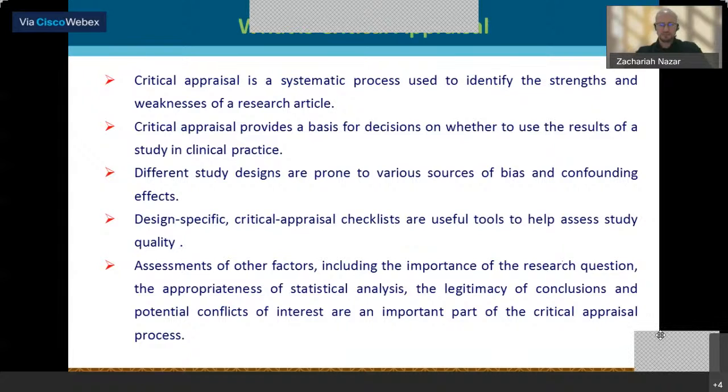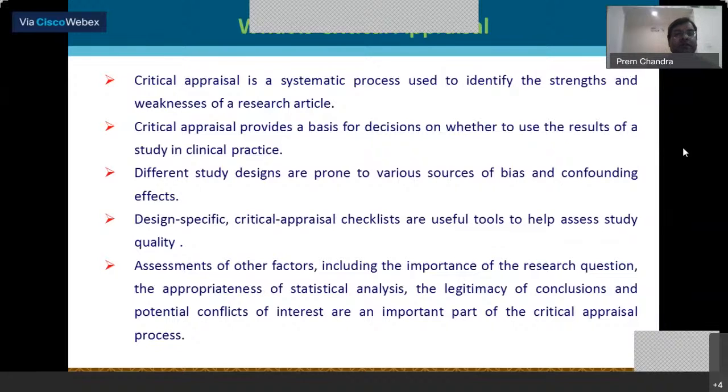So now, after we had discussed very briefly why we need critical appraisals, we will get to know what exactly the meaning of critical appraisal is. What is critical appraisal, first of all, and how does it differ from standard guidelines?